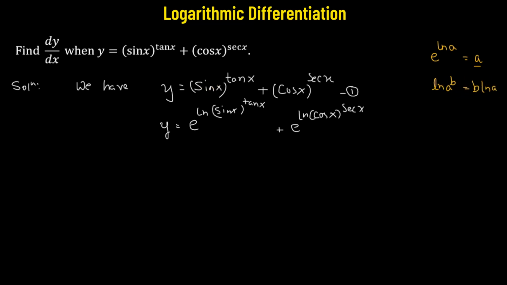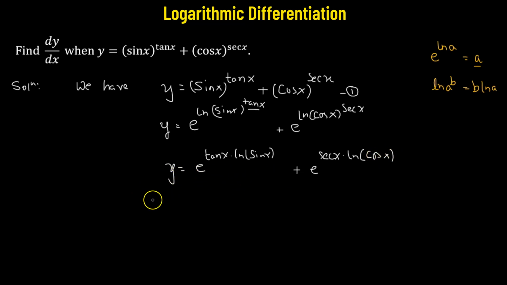So that means we now have y given by e raised to the power, we can bring the tangent x and multiply it to natural log of sine x. Similarly for the second term we have e raised to the power of secant of x multiplied to log of cosine of x. Right. So this is our new function y.